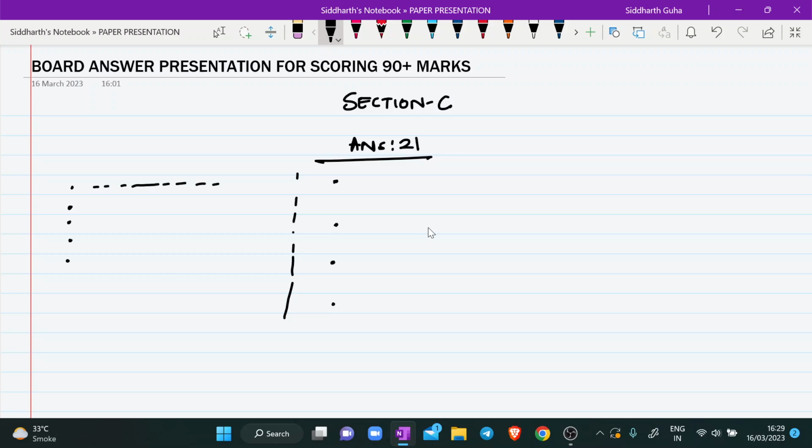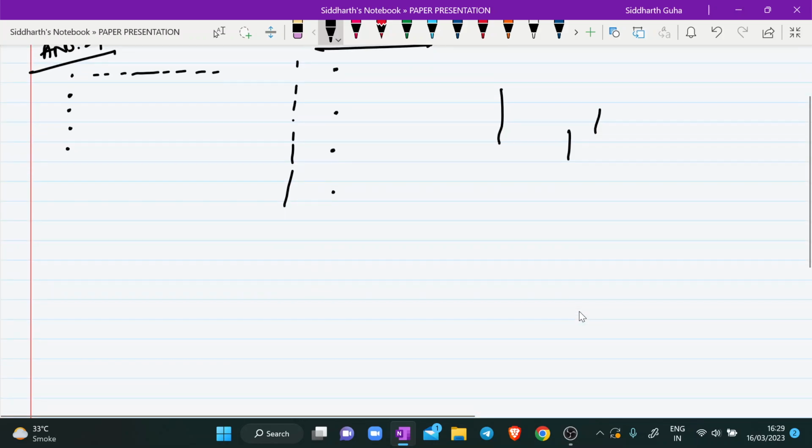So for sections C, D and E, instead of writing the answer number over here, you have to write it in the center. You need to follow that very appropriately. Remember, for sections C, D and E, the answer number should be mentioned in the middle of the page only.